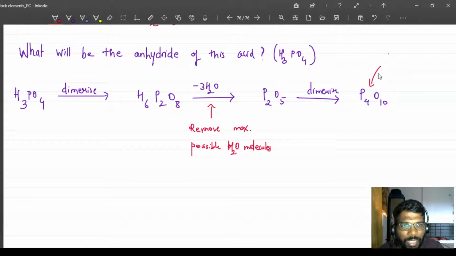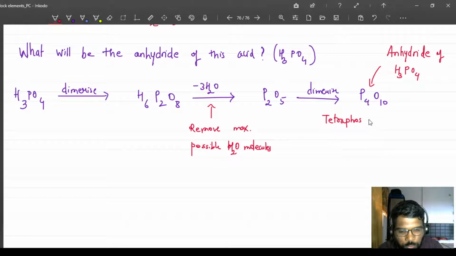This is the anhydride of H3PO4. The name of this anhydride is tetraphosphorus decaoxide.